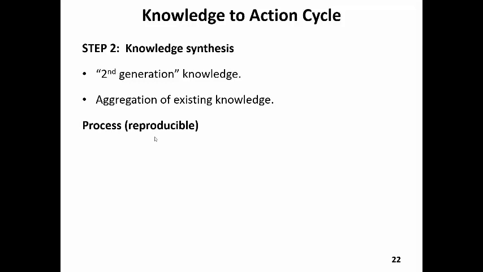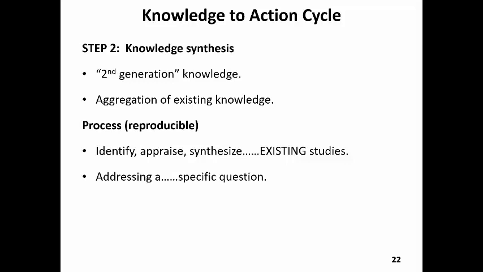Now, the process of synthesizing that first generation knowledge into second generation should be reproducible and not haphazard in any sort of way. And so this involves the identification of those original research studies, appraising those studies for quality and relevancy, and then organizing them and synthesizing those original studies in a way that can be communicated in a relevant way.